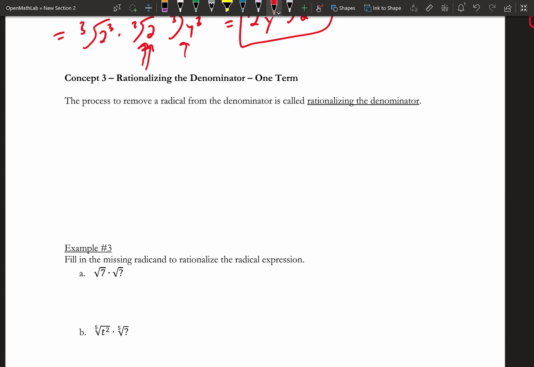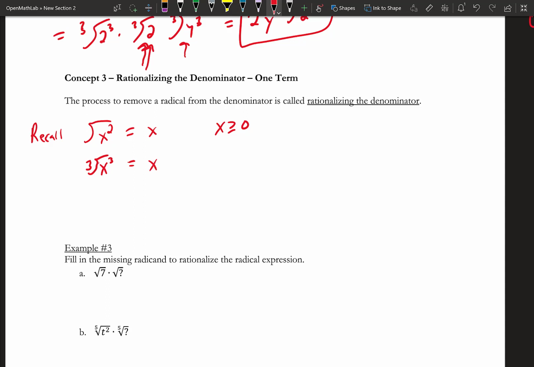Something that we want to recall a little bit is if I have the square root of x squared, this is just equal to x, right? And of course, x has to be greater than or equal to 0 here, because underneath an even index, the radicand has to be bigger than or equal to 0, right? So if I had the cubed root of x cubed, that's just equal to x.